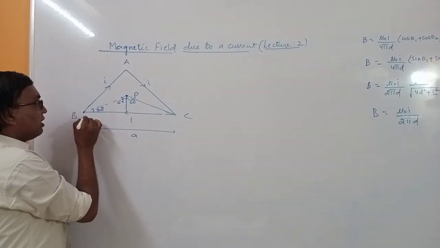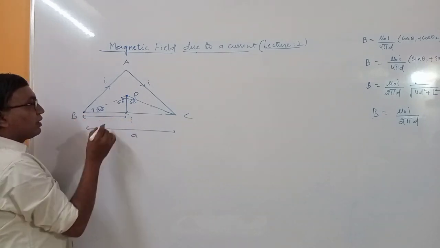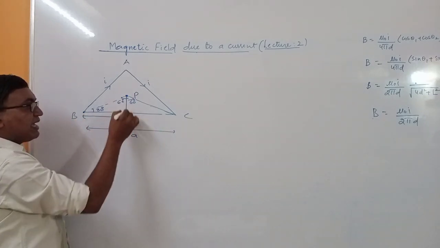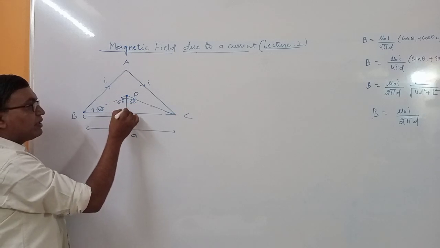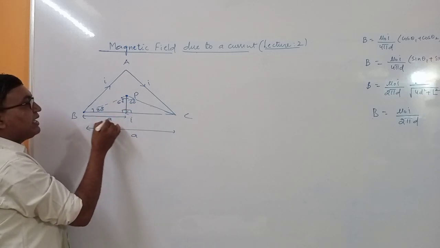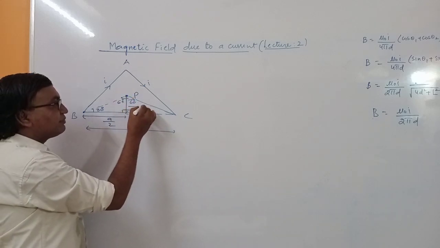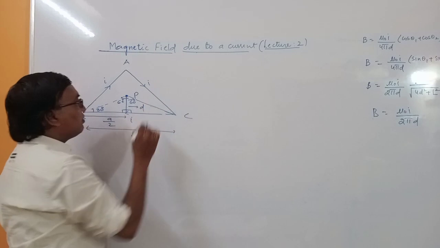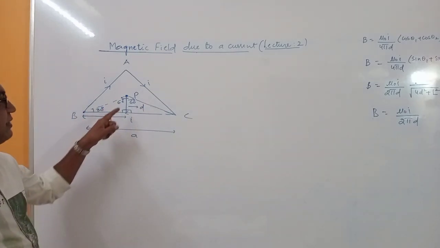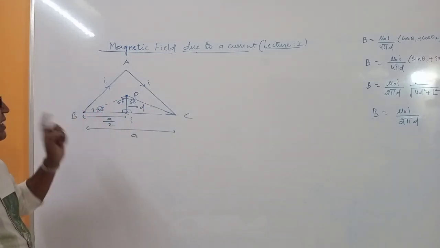Now this total side is a. This is the angle bisector, and this is the perpendicular, so this will be a by 2. You have to find out d. To find d, we can use tan 30 or tan 60.